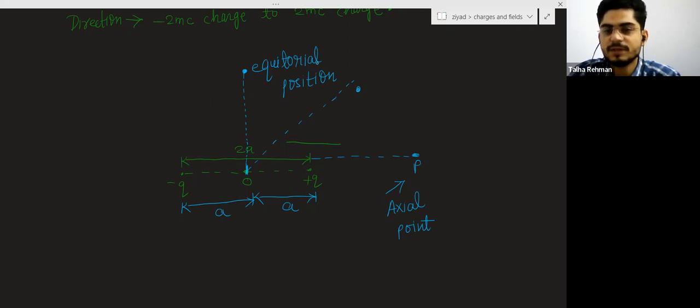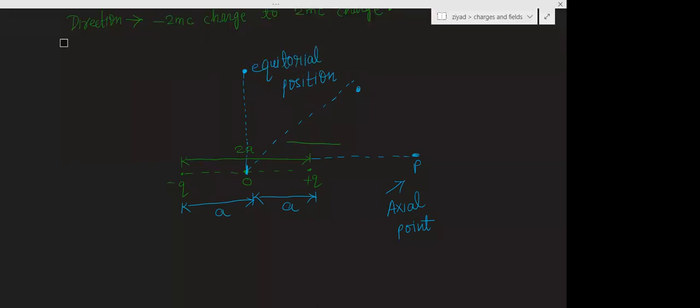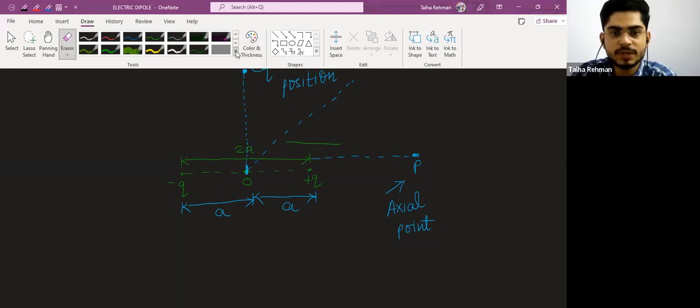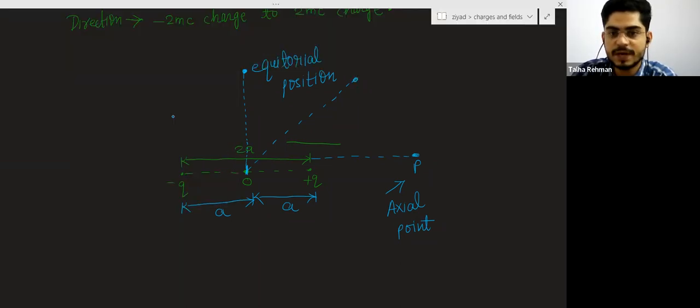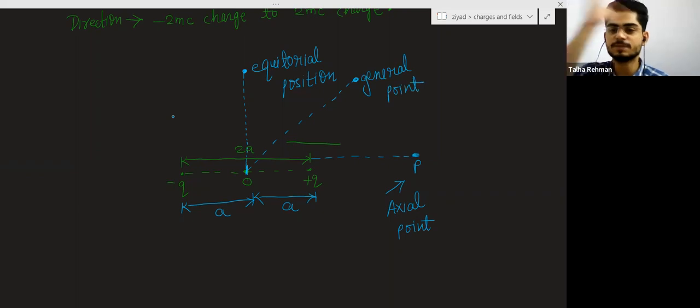If we calculate here, the calculation will be a little more difficult, but we can do that. If you have a dipole, you can calculate the electric field at any position. This is a general point in space. We have an infinite number of points in space, so with respect to the dipole, this is a general point. So this is P, this is Q, and this is R.